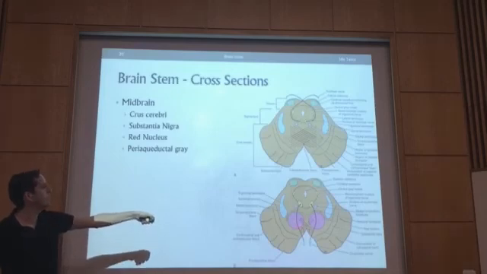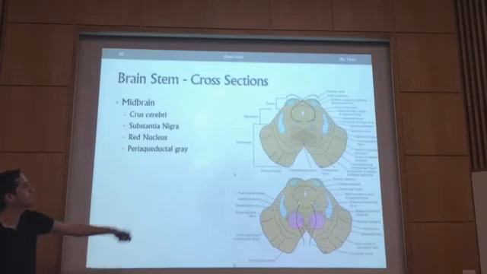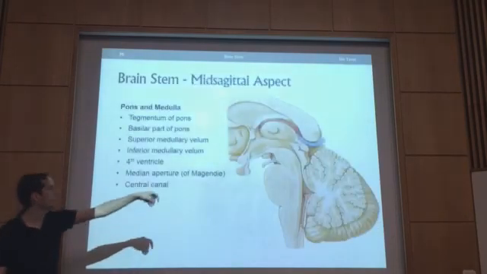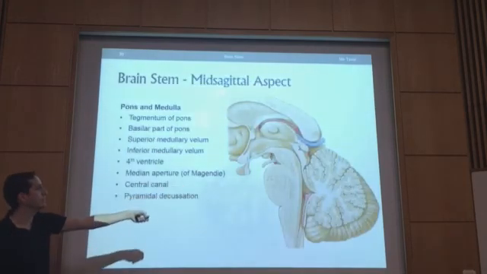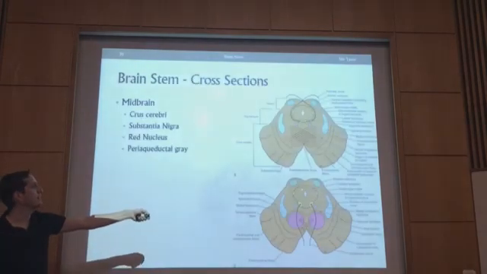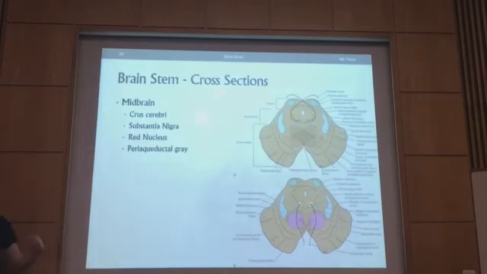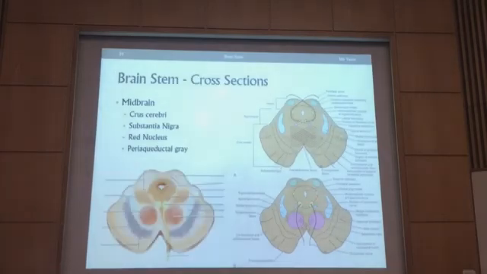This is called the red nucleus. These two. Another thing you can see is the cerebral aqueduct, this thing that looks like a hole. If I cut it in here, it looks just as a circle, and there's gray matter surrounding the aqueduct called the peri-aqueductal gray. The gray matter around the aqueduct.